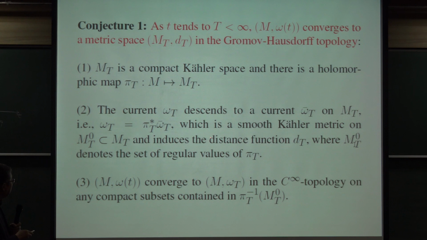It is a smooth metric on the Zariski open set, which induces the distance function T. So this metric space has certain regularity: it is given by a metric on the regular part. Here MT0 means the set of regular values of this projection.